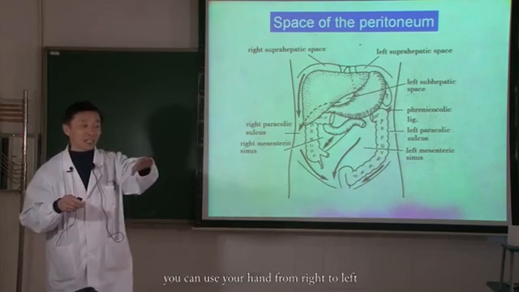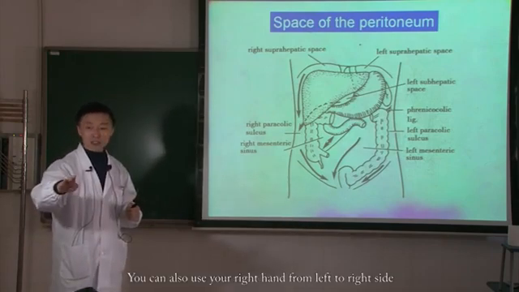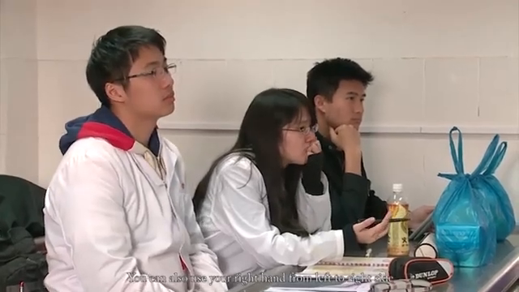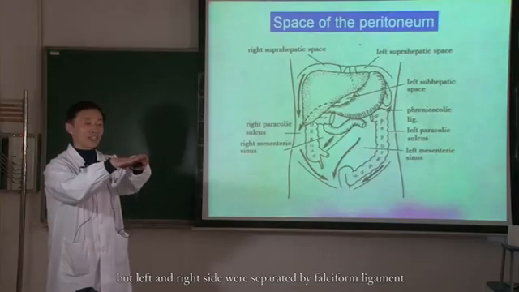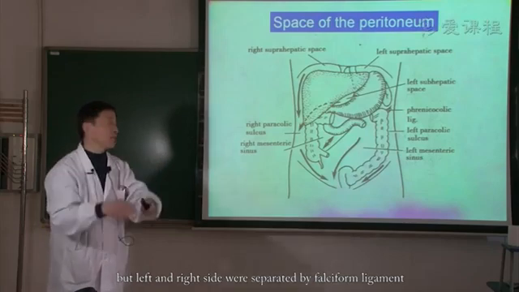You can use the hand from the right to left. You can also use the right hand from the left to right side, but the left and right sides are separated by the falciform ligament.